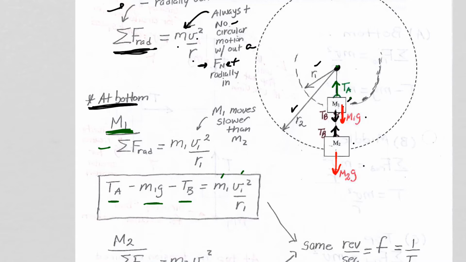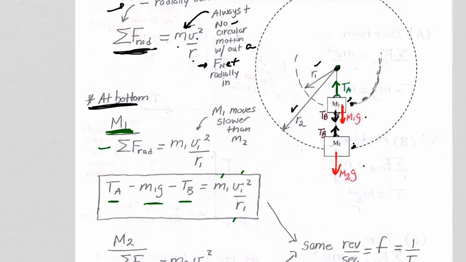m v squared over r. And notice I have to put an index on m, v, and r. They will be different for mass 2, right? Obviously, mass 2 will have its own mass. Mass 2 will also have a different speed, because mass 2 is completing its circular motion in the same amount of time it takes mass 1 to complete its circular motion.